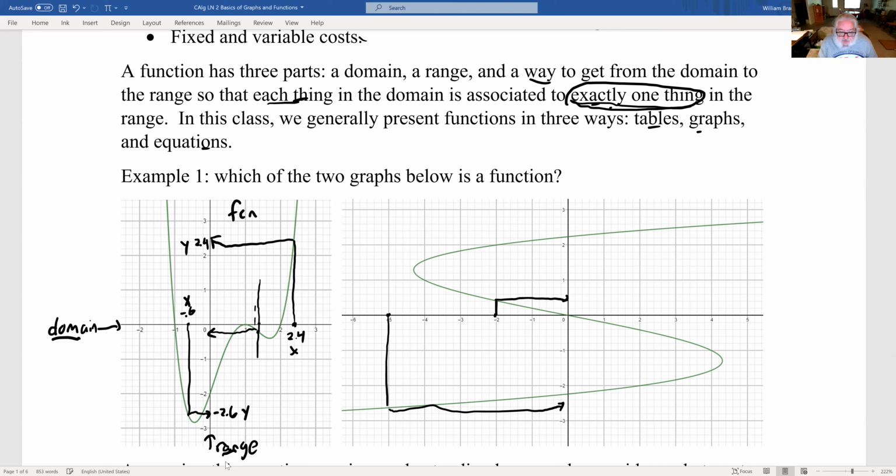There's one there, or you could go up to this place where it hits the graph and you get another one there, or you could go down to here and you get that one. So x equals minus 2 has got three possible y values: y equals 2, y equals 0.4, and this looks like y equals minus 2.2. Which one does it go to? Well, we don't know. So not a function.